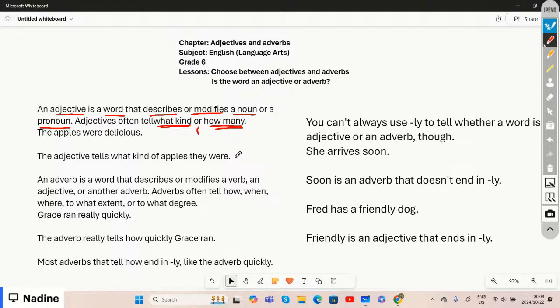All right. So now if we look at an example of an adjective, it says, the apples were delicious.